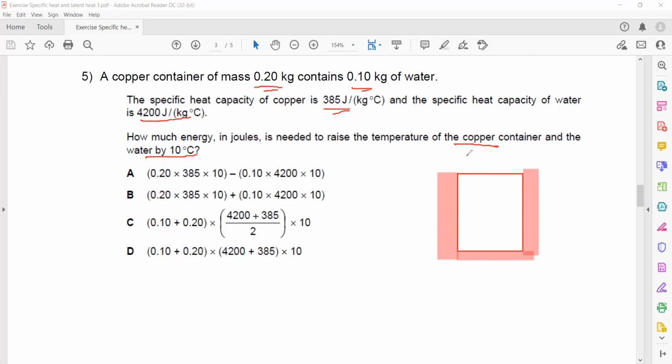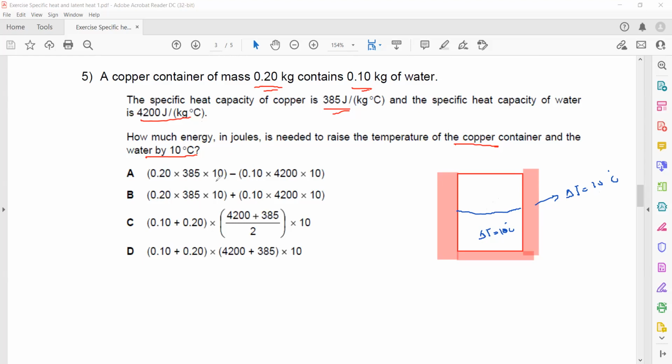We want to find how much energy is needed to change the temperature of the water by 10 degree, and change the temperature of the copper cup also by 10 degree. Because they have different specific heat capacities, we will find separately the energy absorbed by the water and the energy absorbed by the copper, and the total energy will be the sum of the two.